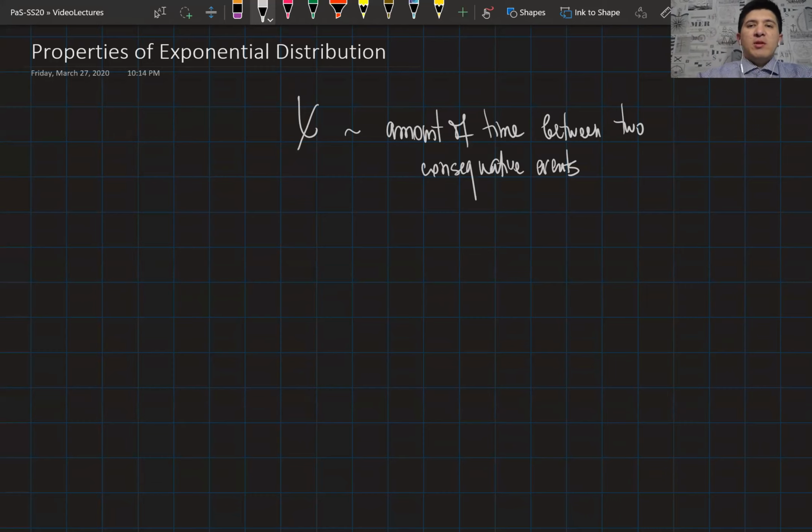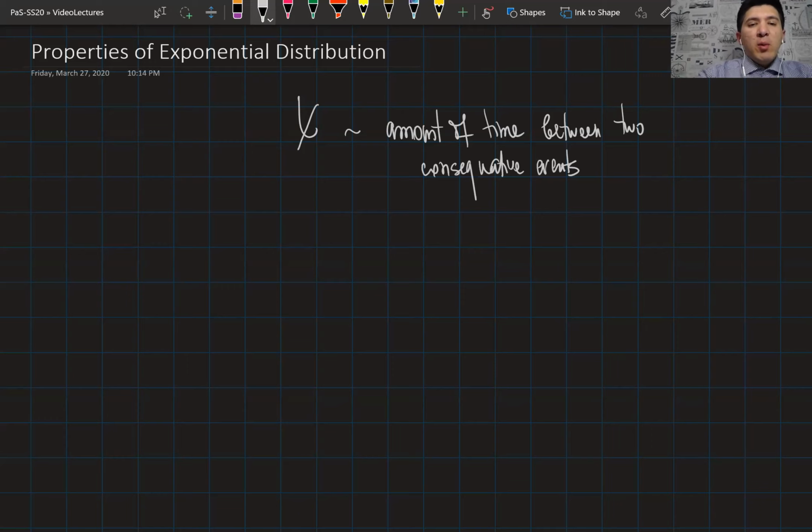For example, if you're staying in a bus station, the time between the two buses is going to be the random variable, and the exponential distribution is going to model that random variable.